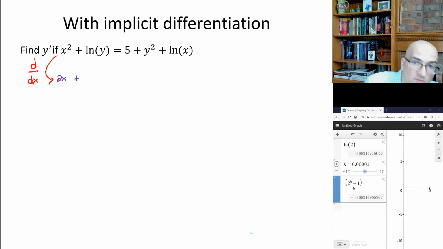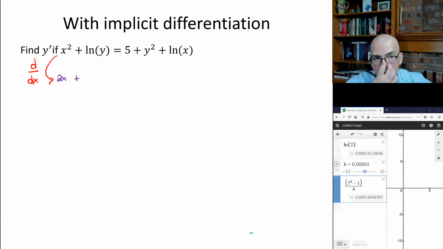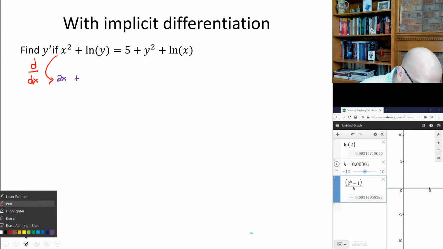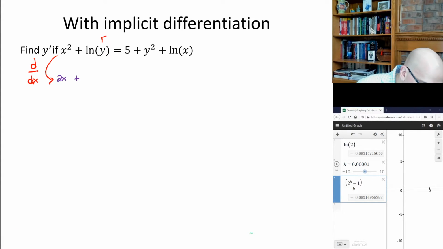The derivative of ln y. So the derivative of ln of x is 1 over x. The derivative of ln of w is w prime divided by w. Y is a function, not a variable. Y is a function like w.